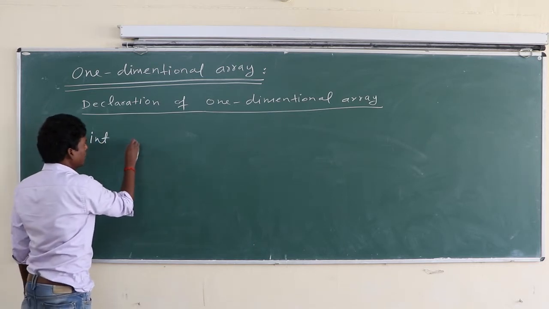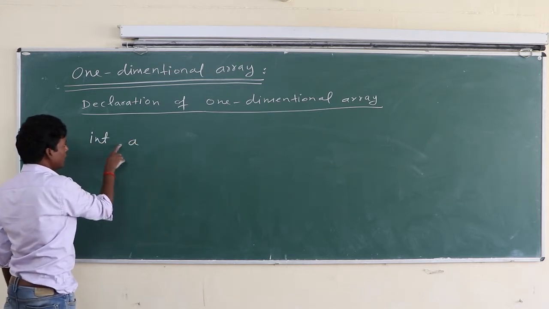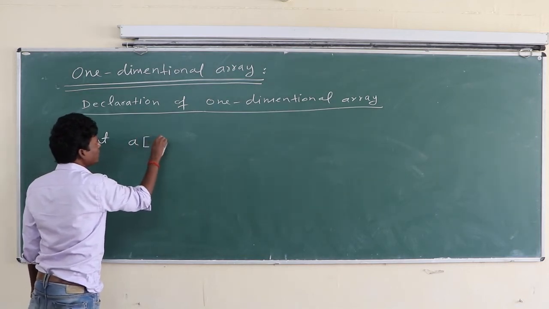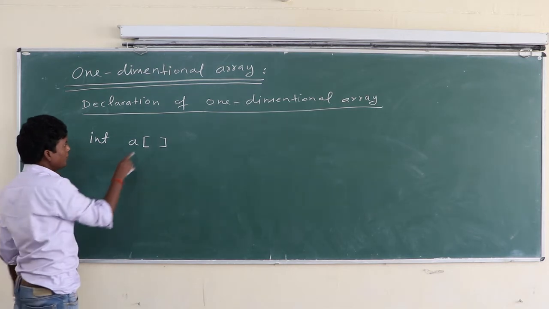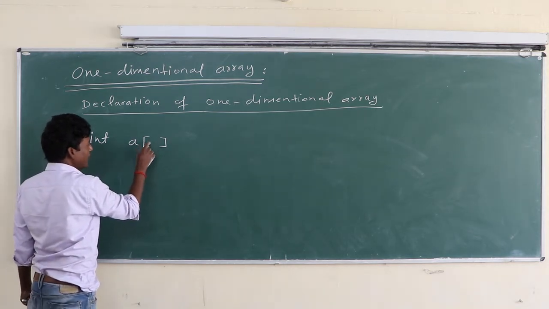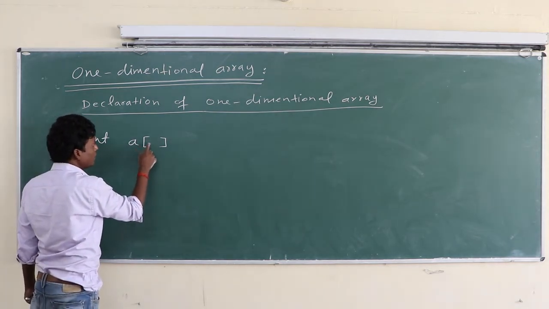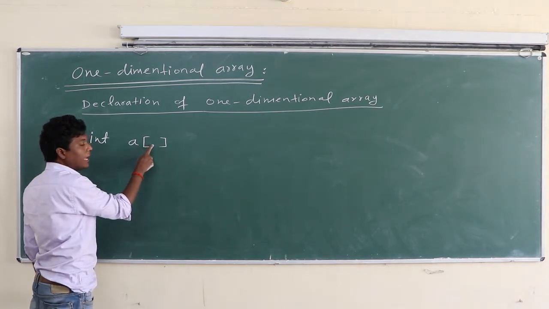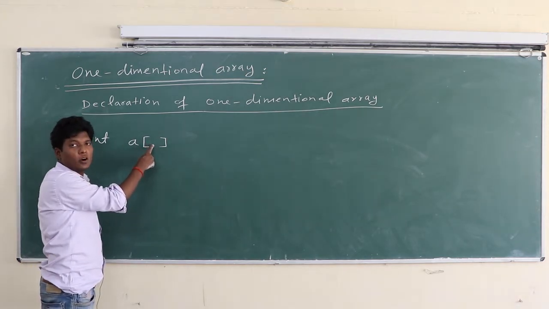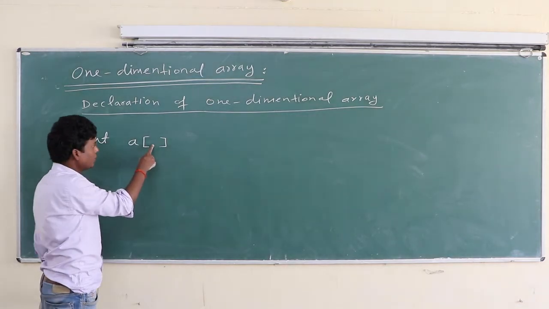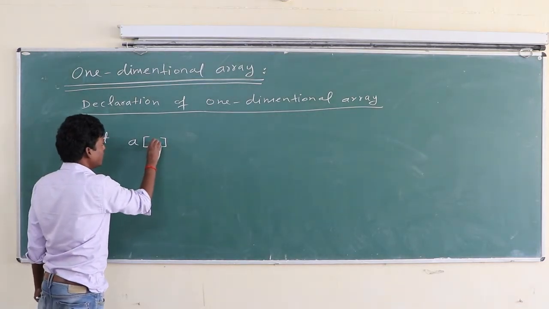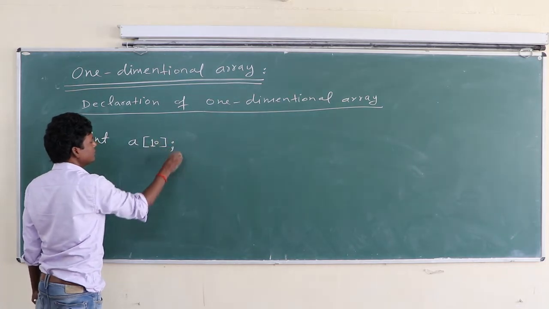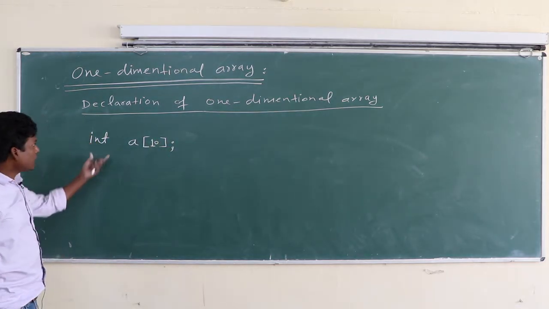Now array name, that is A. Now square bracket, and within it there is the array size or array dimension. Array size must be a positive integer constant. So here suppose there is a 10, semicolon. This is the array declaration.